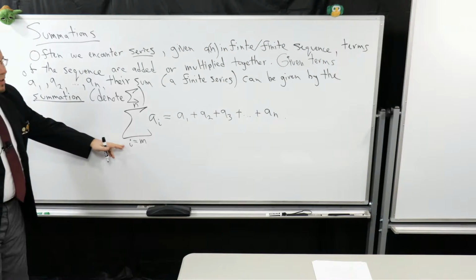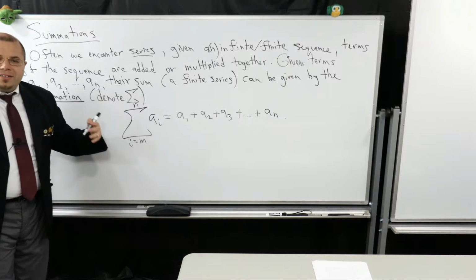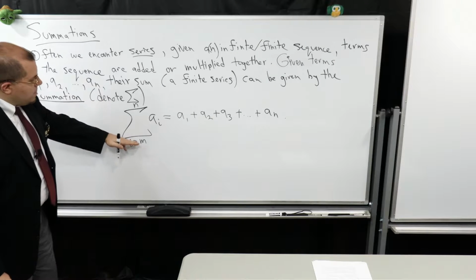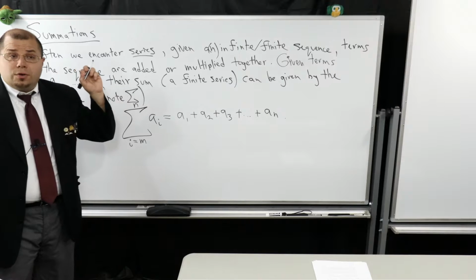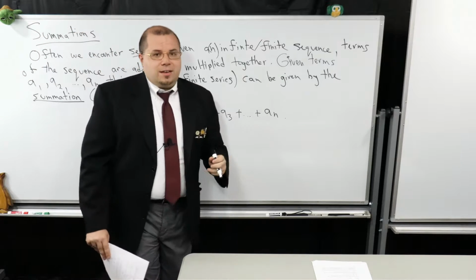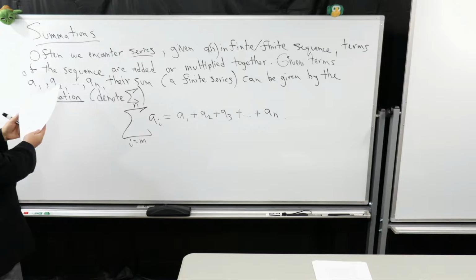If you want an easy way of thinking about it, you just think of it like a loop where i is going from m up to n, and i is the index, just like on a for loop. So it's nice and intuitive and easy to understand. Okay, so that's what a summation looks like.